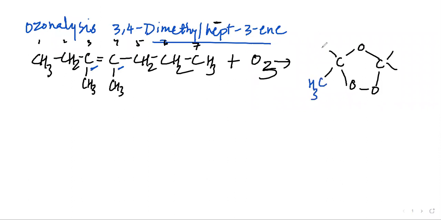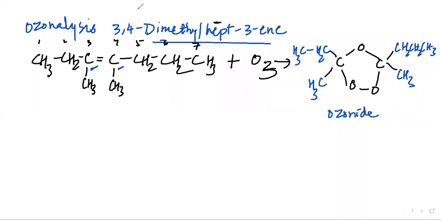On the other side, we have CH2, CH3. Here, on the fourth carbon, on one side you have CH3, and on the other side you have CH2, CH2, CH3. This is the ozonide compound.